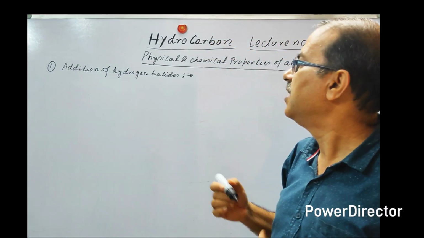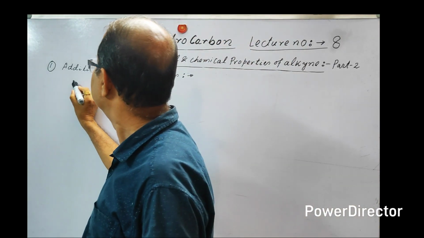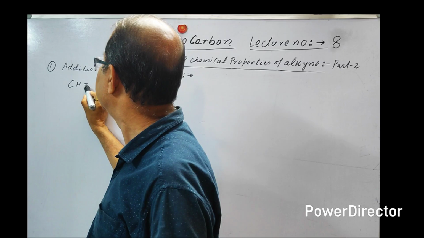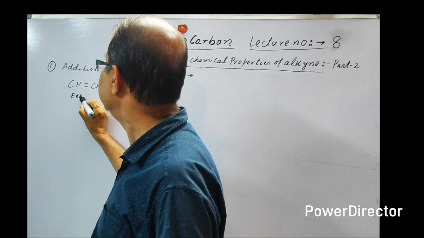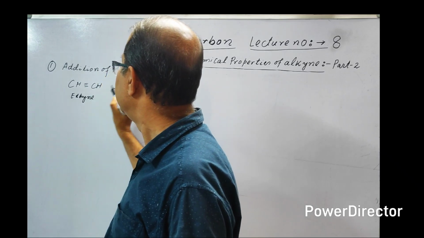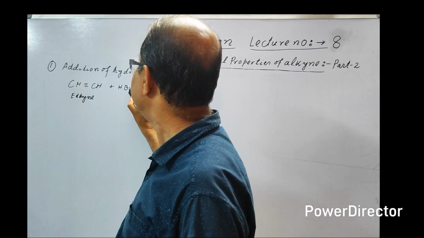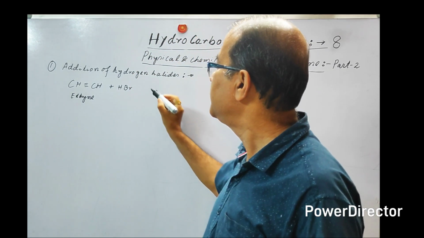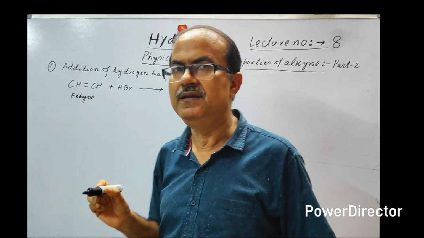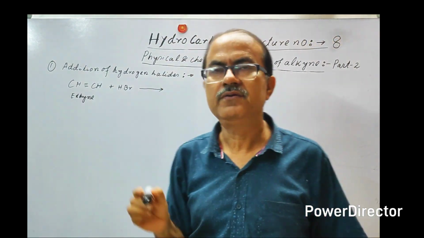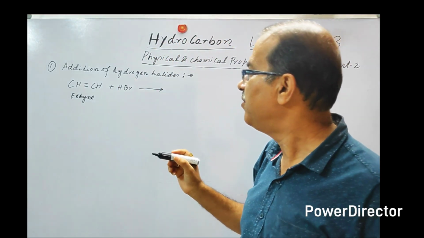For the addition of hydrogen halides, we are taking HBr. First we are taking the symmetric alkyne, that is ethyne, and the halogen acid HBr, hydrobromic acid. In ethyne, when this is added, what is going to happen?